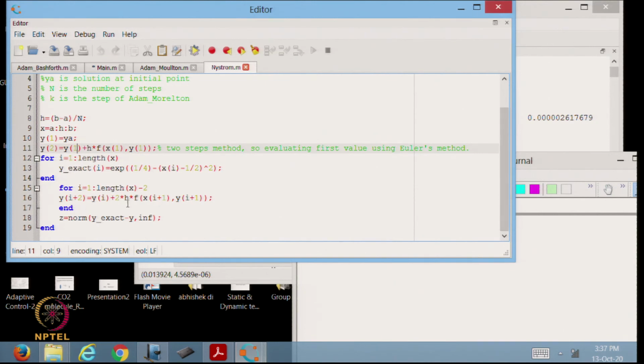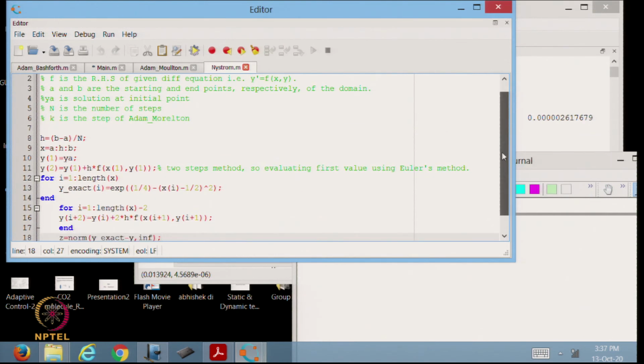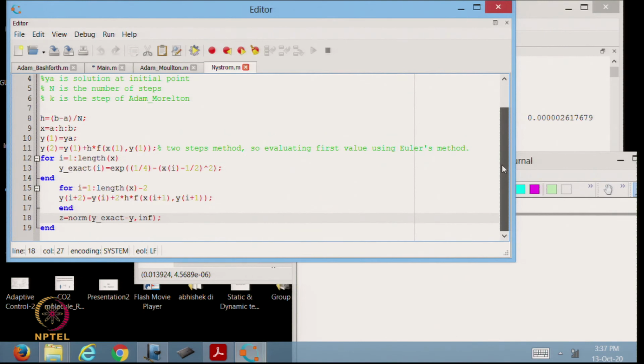And then the final difference scheme which we have implemented is here, which you can observe from here, and again we are computing the error, and this error is an output which we will get in the main function. We are basically interested in the error, but if some of you want to see how the numerical solution and exact solution look, I will explain later how you can plot those.